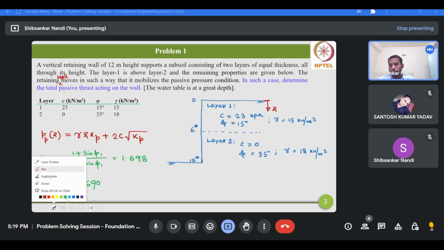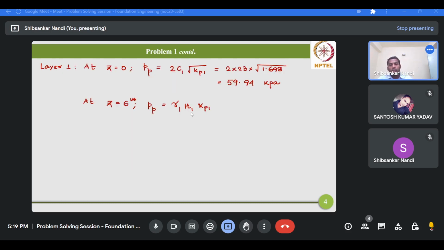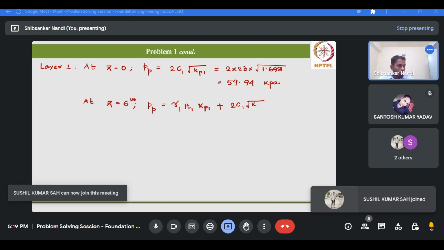We are using two different heights for different layers. This is H1 and this is H2, and both are 6 meters, the thickness of the individual layers, layer 1 and layer 2. So this value would become gamma 1 H1 Kp1 plus 2 c1 root under Kp1.